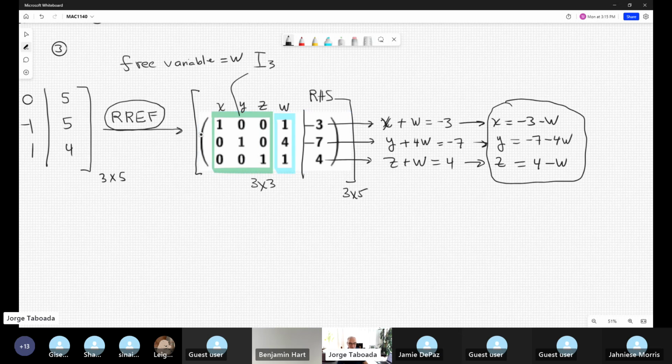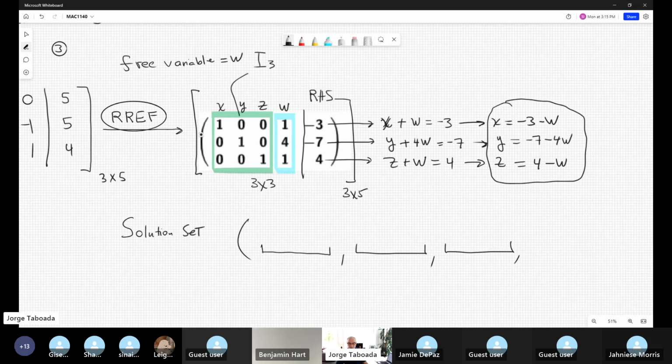Now, just the interpretation. My solution set, of course, has infinitely many solutions, because you see one free variable, W. And these solutions live in a 4-dimensional context, because the variables are x, y, z, and w. So we have one container for the x expression, one container for the y expression, one container for the z expression, and the last container is w.